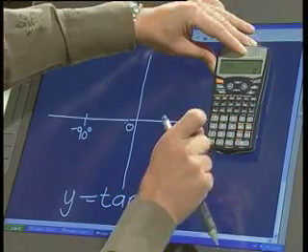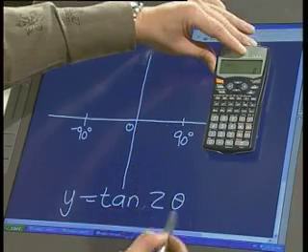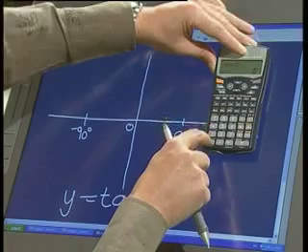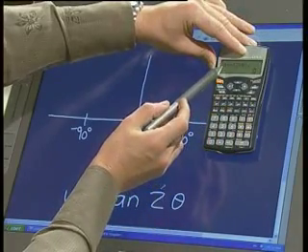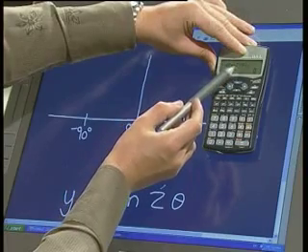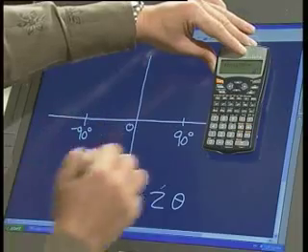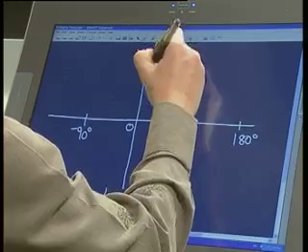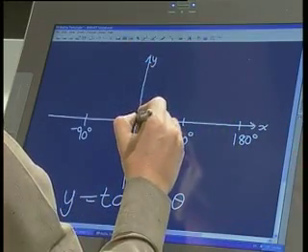So tan, open the bracket, because the angle is a complex angle, so we need to do it in a bracket. 2 times, and then whichever theta we like, let's say 0, close the bracket. Tan, open bracket, 2 times 0, close bracket, equals. It gives me 0. So in line with 0, the point that I get is in fact still 0.